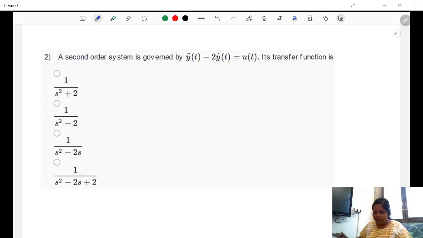So how you do it, I'll explain for this question, and from the next question, please try on your own. From the Laplace table that I've already given you, you would find that for a second order differential equation, what you get is s square Y(s), and then you will have some initial condition terms, but we are going to have all of them as zero anyway, so we don't need to worry.